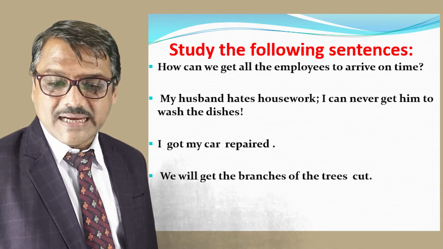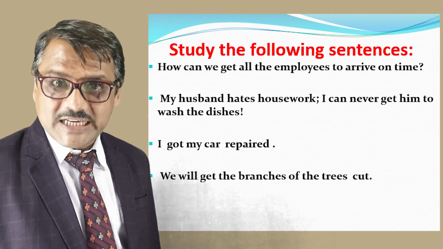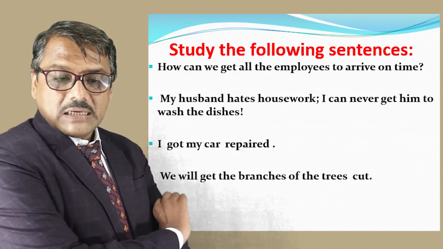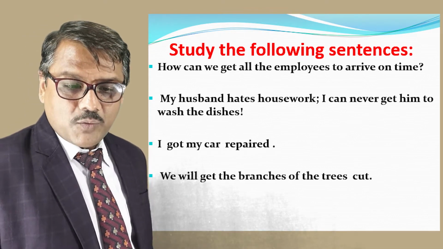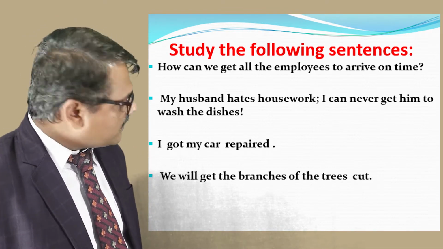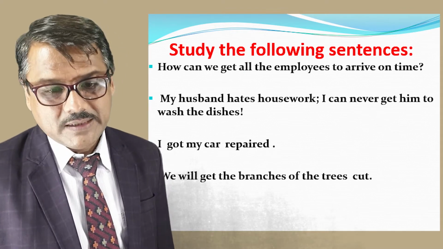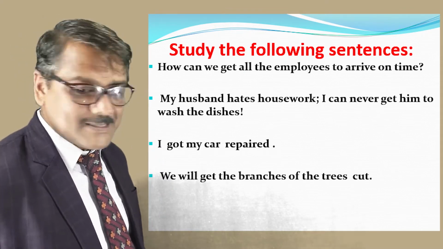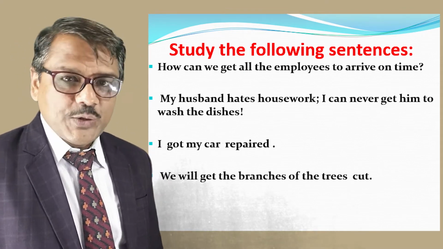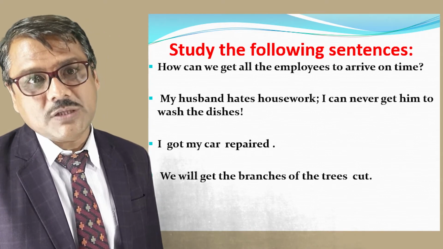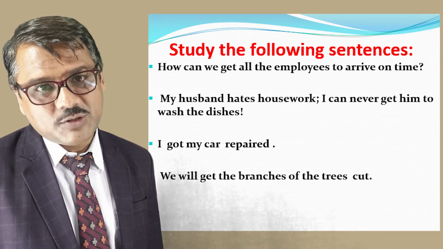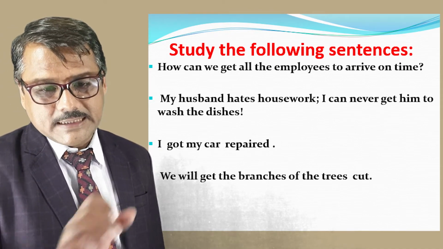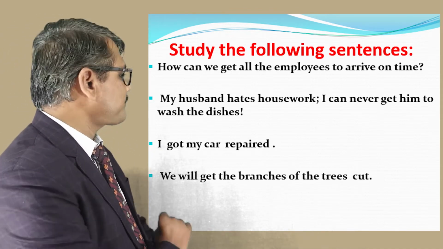I can never get him to wash the dishes. Now I got my car repaired, and we will get the branches of the trees cut. These four sentences, notice the use of the causative verb. Which one is used? You can easily see it: get.